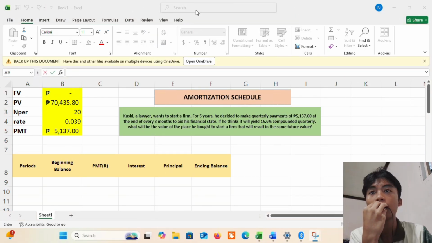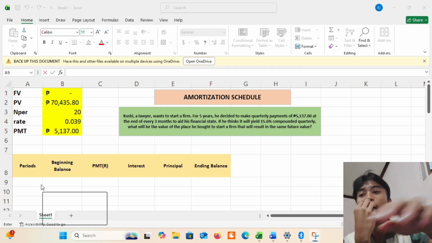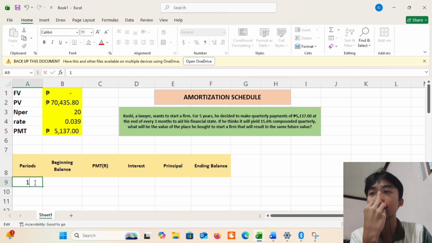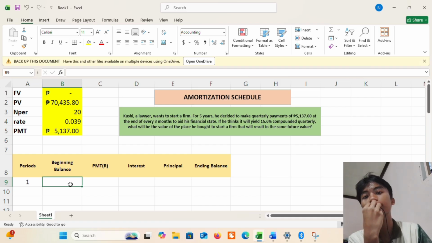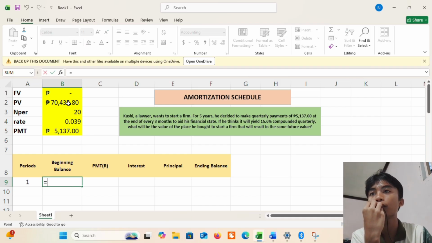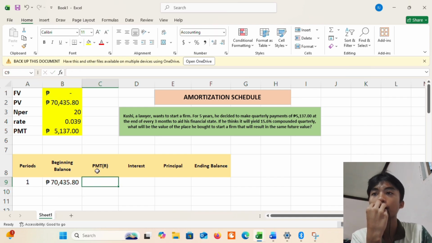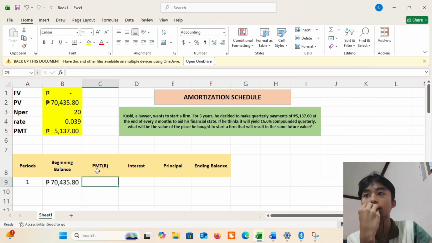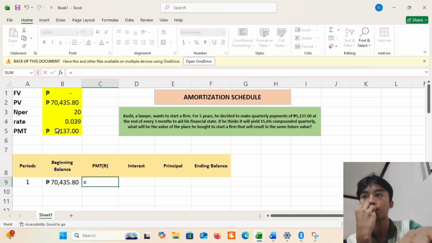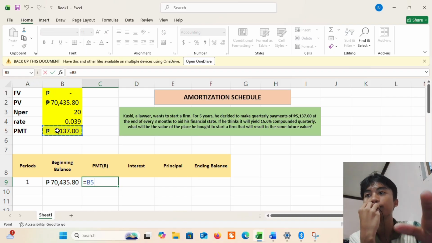Now our amortization schedule table. First, let's put 1 in the period. Next, in the beginning balance, let's put equals, then the present value, then enter. And for the PMT, or the regular payment, let's put equals, then the PMT, which is in the B5 cell.